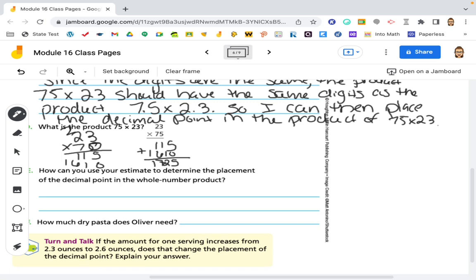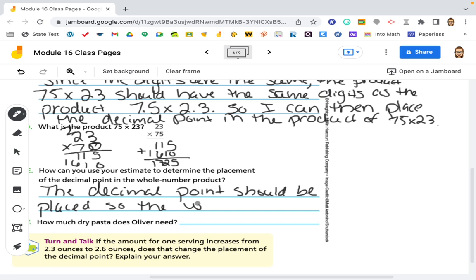Well, the decimal point should be placed so the whole number product is close to 16.